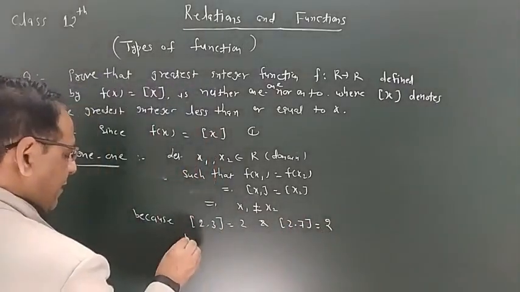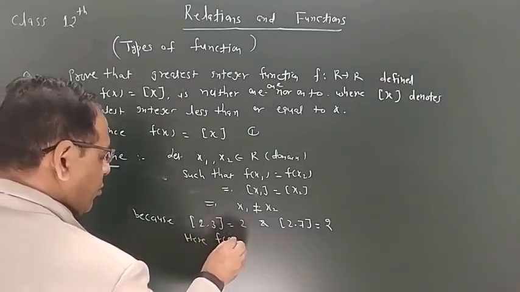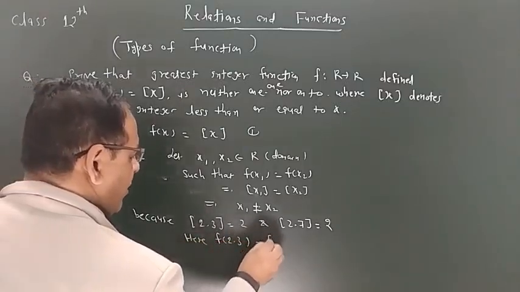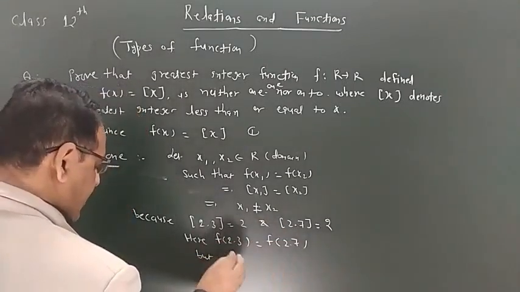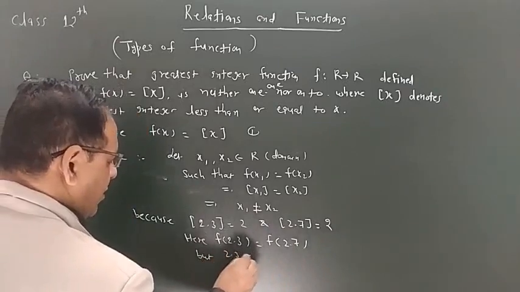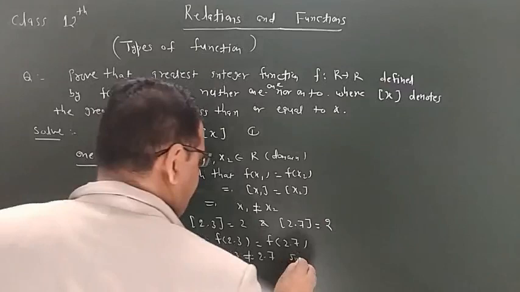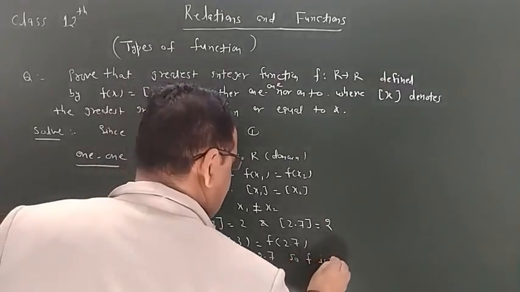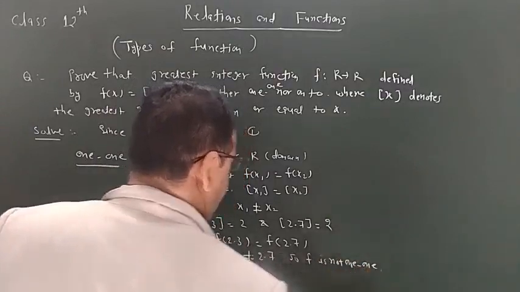So here f(2.3) equal to f(2.7), but 2.3 not equal to 2.7. So f is not one-one.